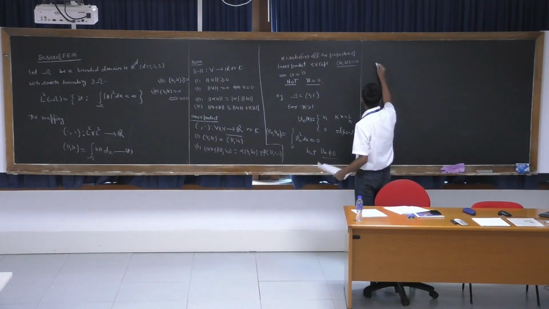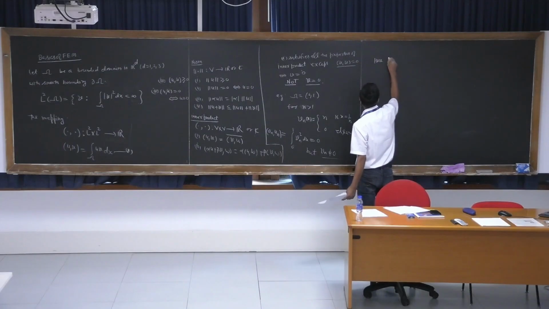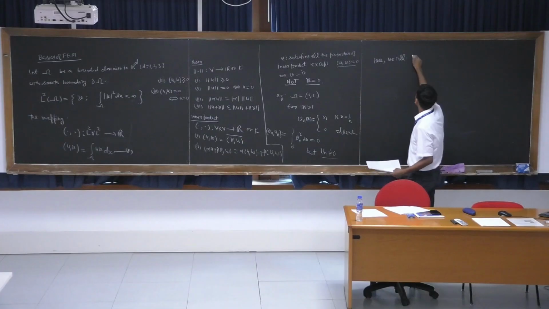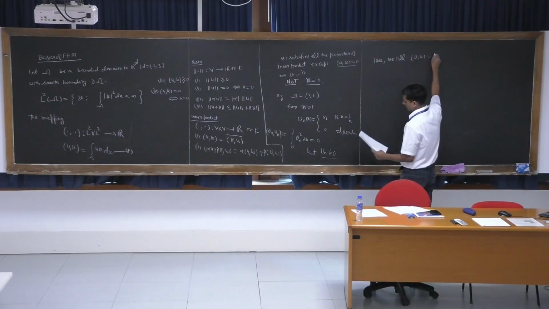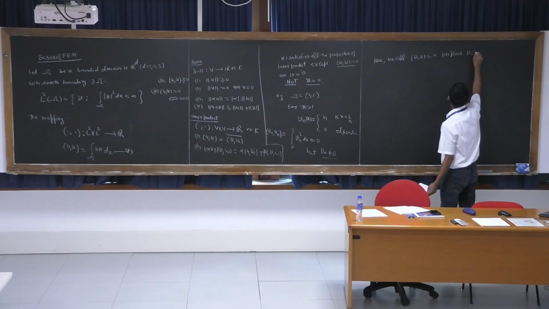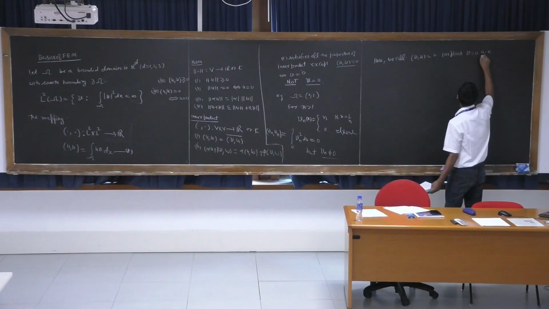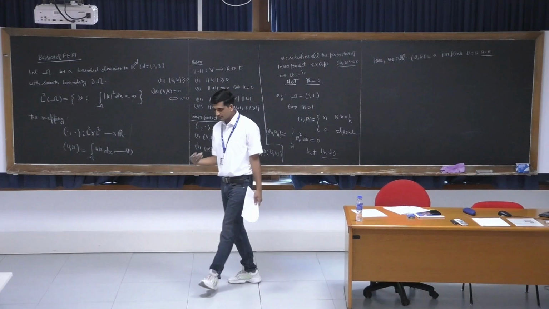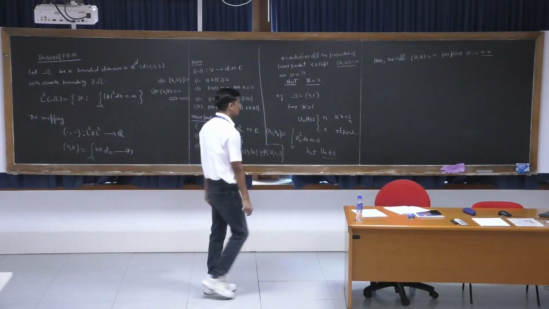So here, what do we call this? We call it: the inner product of V with V equal to 0 implies V is equal to 0 almost everywhere. Have you heard this term in functional analysis?